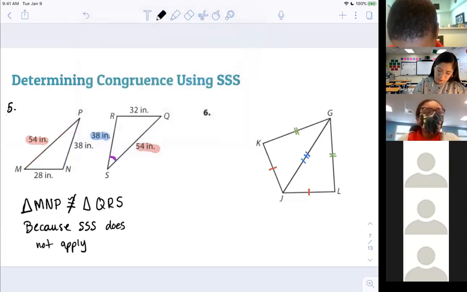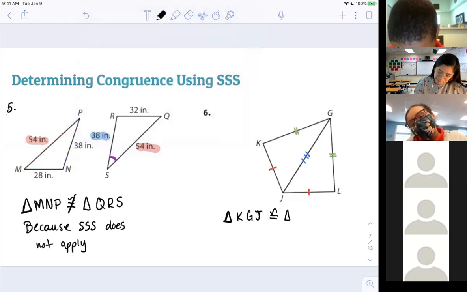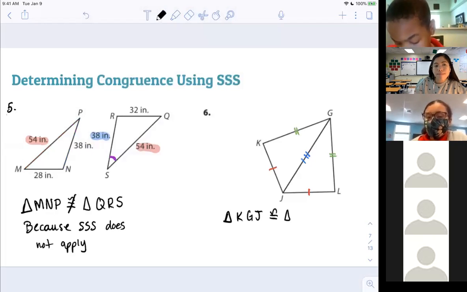So can somebody give me my congruence statement? You can pick G, J, or K, as long as it matches. So it's whatever order you want. Triangle LGJ is congruent to it.